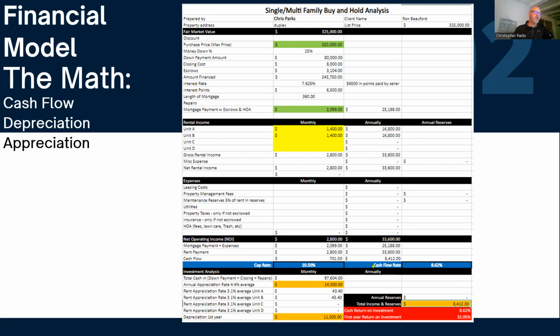So if you come down and you take this number, which is $8,400, you can see the $8,400 also right here in this orange slip, and you divide it by his total cost, which is the $97,604, you can see that he has an 8.62% rate of return, which right there in the red, you can see the 8.62. So that's a pretty decent return on investment.